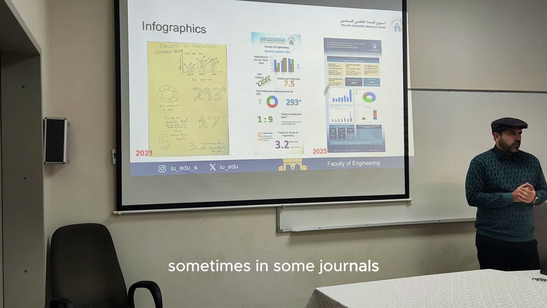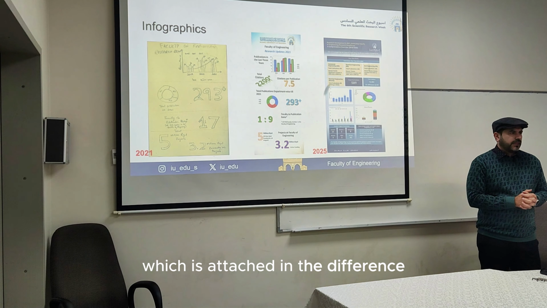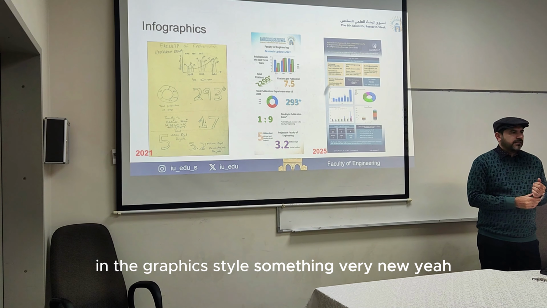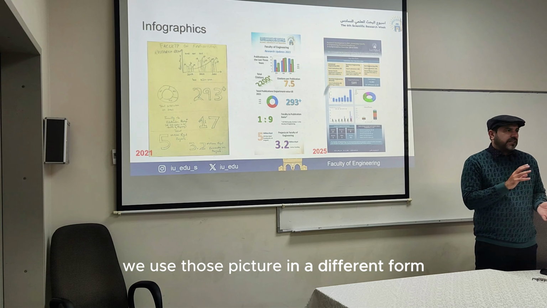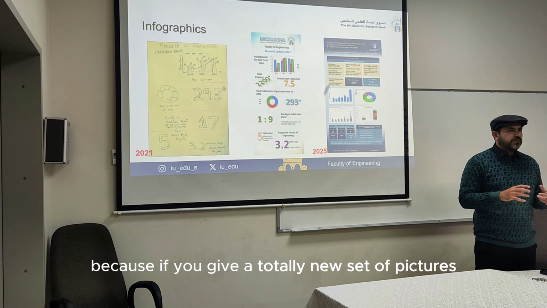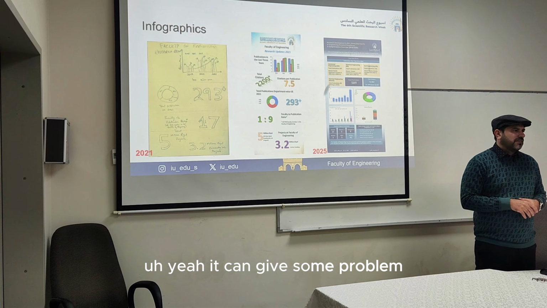Sometimes some journals ask you to not use the images or figures which are inherent in the paper itself. Don't use them in the graphical abstract. Do something very new. Mostly, till now, what we submitted, we used those pictures in a different form, but used similar pictures, because if you give a totally new set of pictures, it can give some problems.